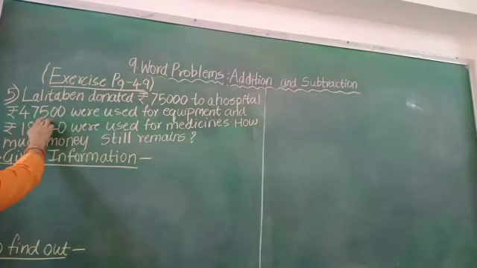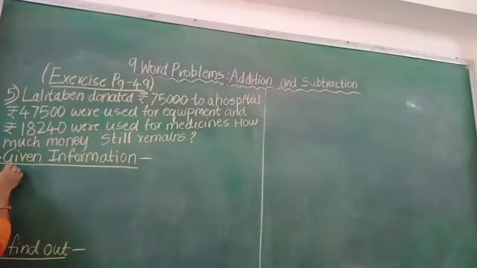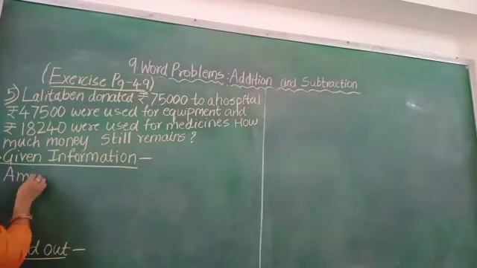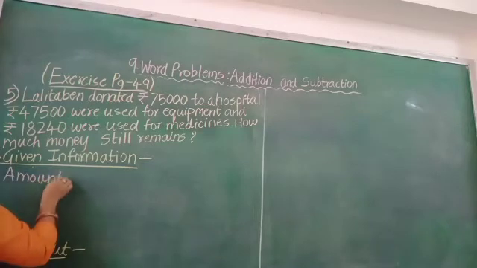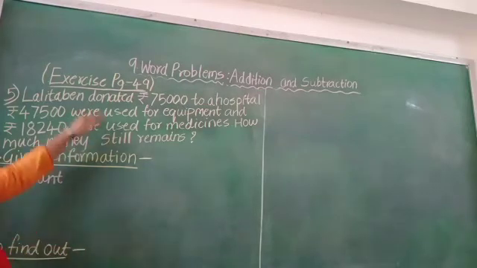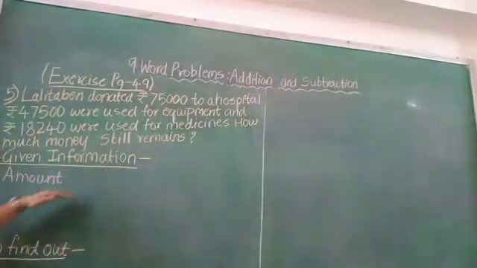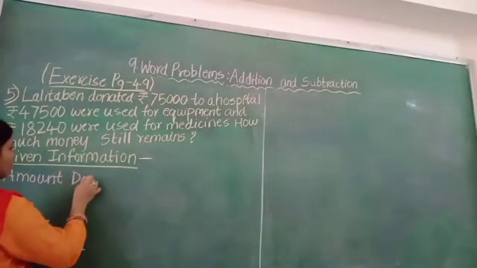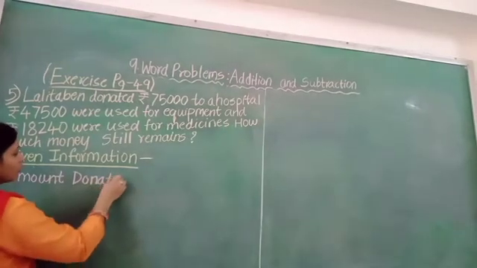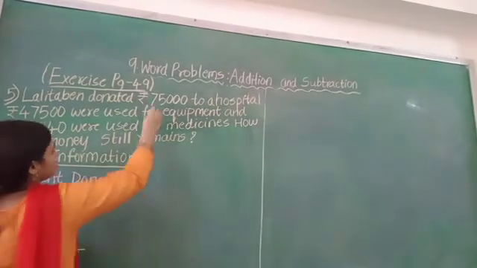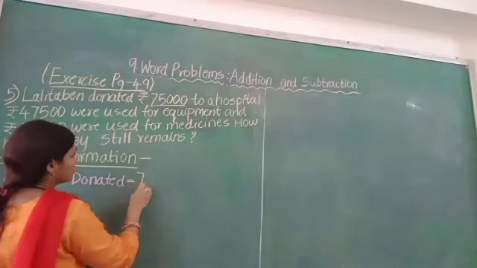First we will write Lalitaben donated rupees 75,000. So amount donated, what is the amount donated? It is 75,000.